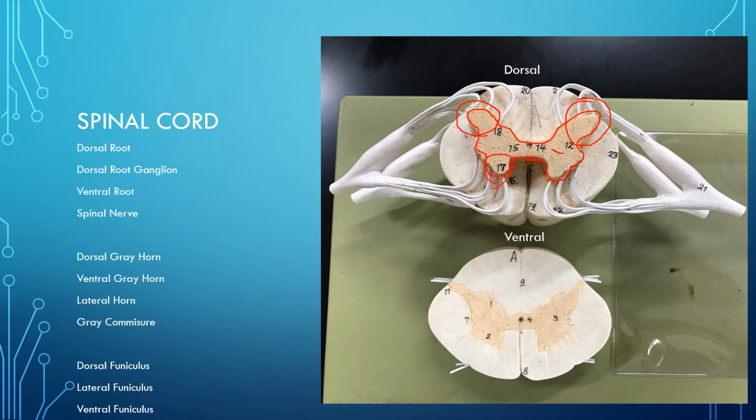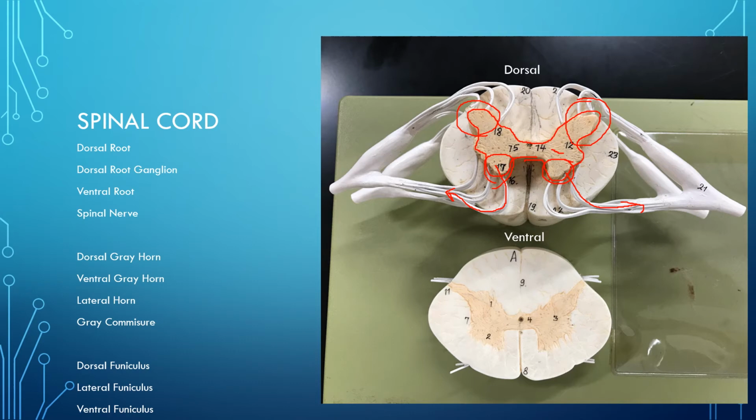Why are they called the ventral horns? Because they're on the ventral side of the spinal cord. Now you can see how the axons from these motor neurons are leaving the ventral horns on their way out to the ventral roots and then out to the rest of the body.